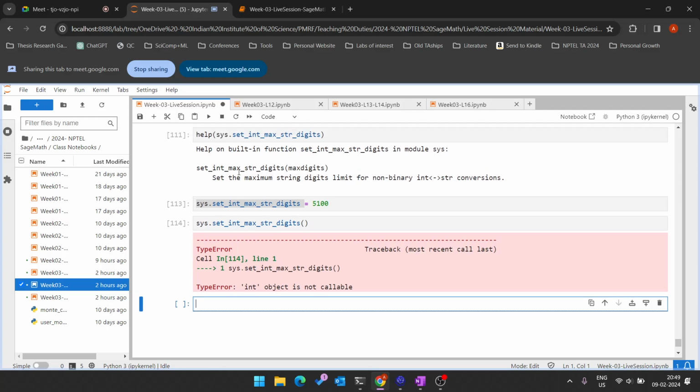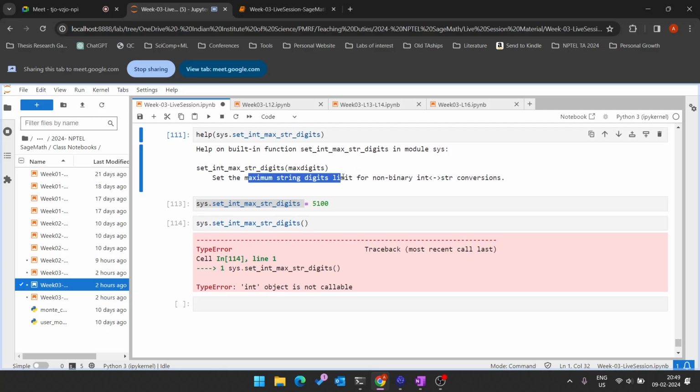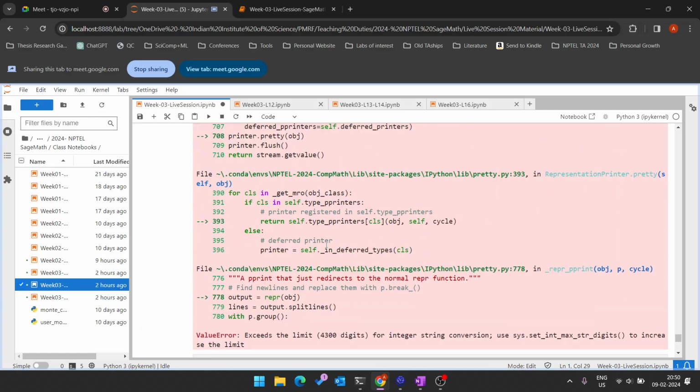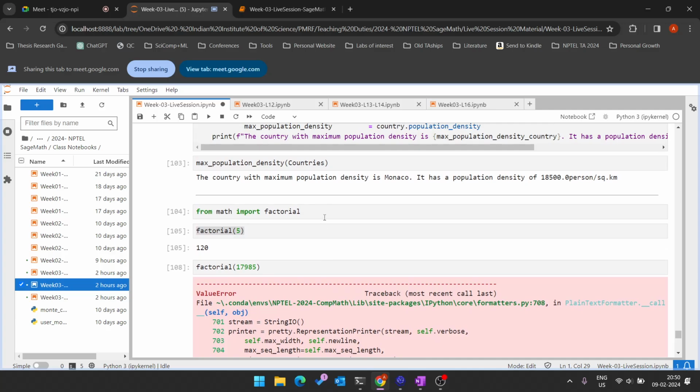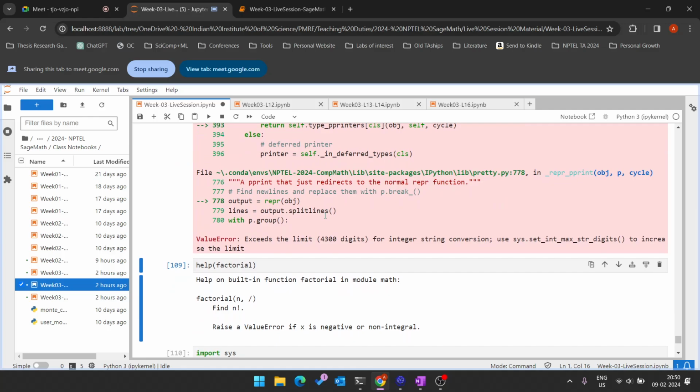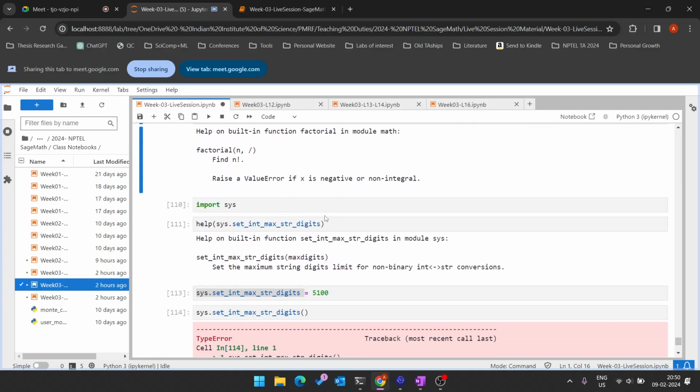You can see that the help function tells us the maximum string digits for non-binary integer to string conversion. So I have now set it to 5100, right? Let's see if it works. No, I think it's doing the same error.